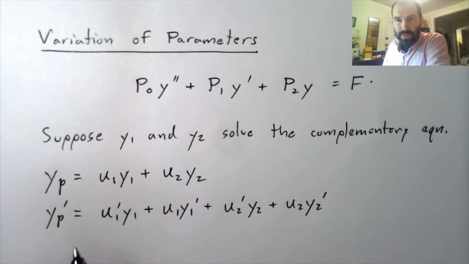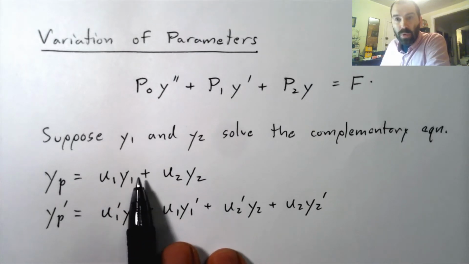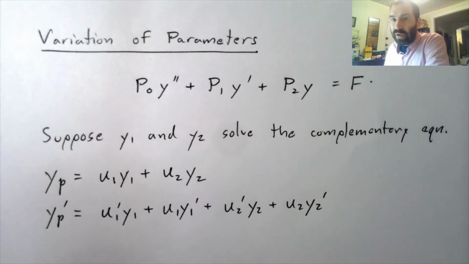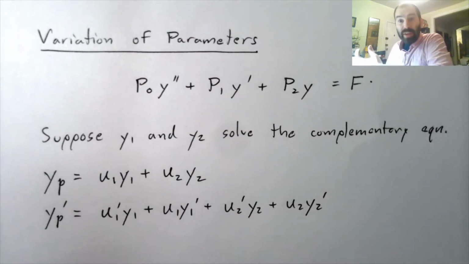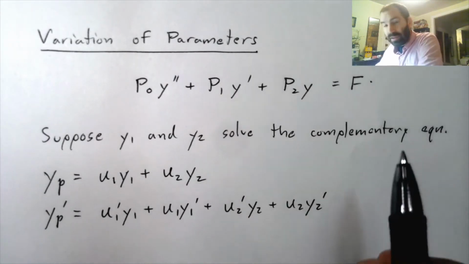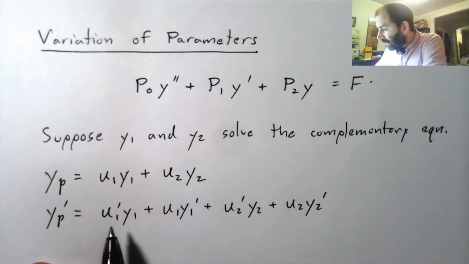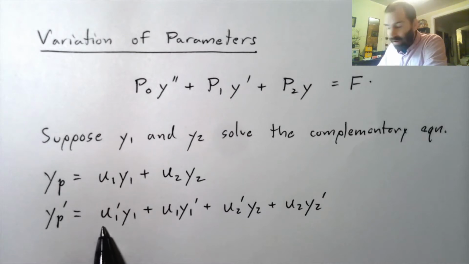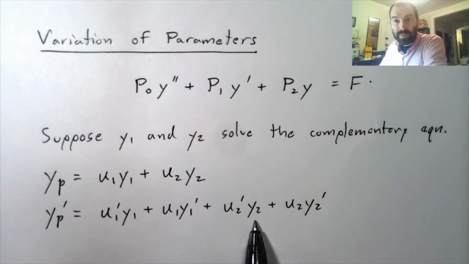I'm going to take a second derivative, but before I do that, we're going to put an assumption on these functions. We're going to see if we can get away with restricting what these functions can be, because if we can restrict them and still get away with it, that's great, because then we'll have some simpler functions we'll be dealing with. And the restriction that we're going to use is we're going to require that this piece here plus this piece here is equal to 0.